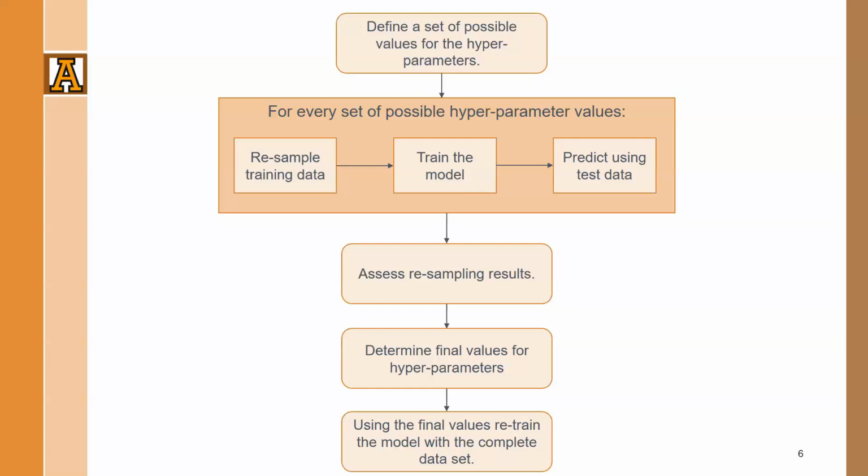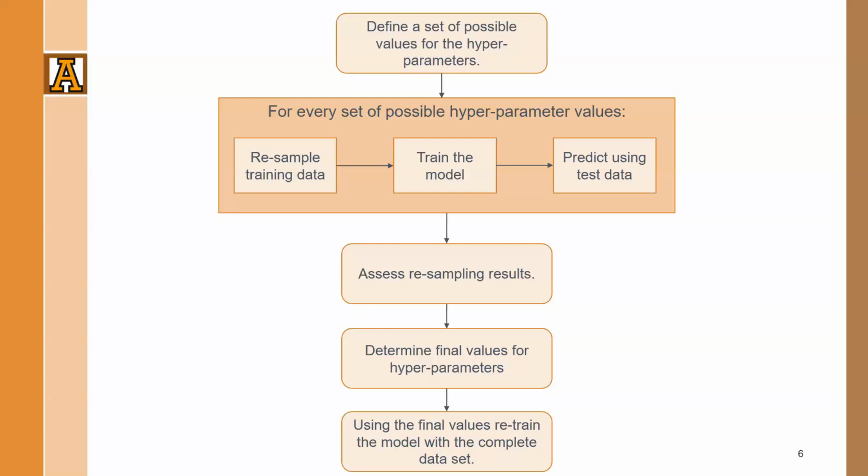And we evaluate that with the test data that comes out of the resampling scheme. In resampling, in general, the concept is I use the training data set. Part of the training set I use for training the model, and I test it on the other part of the training data set.